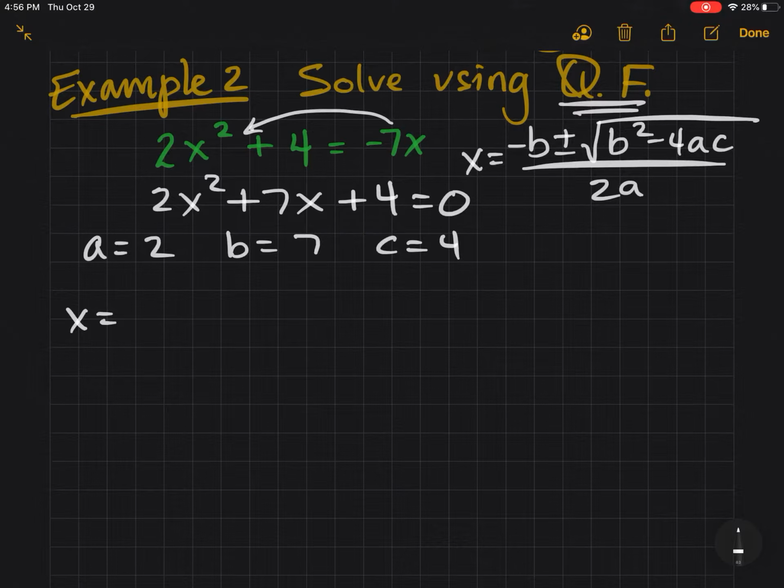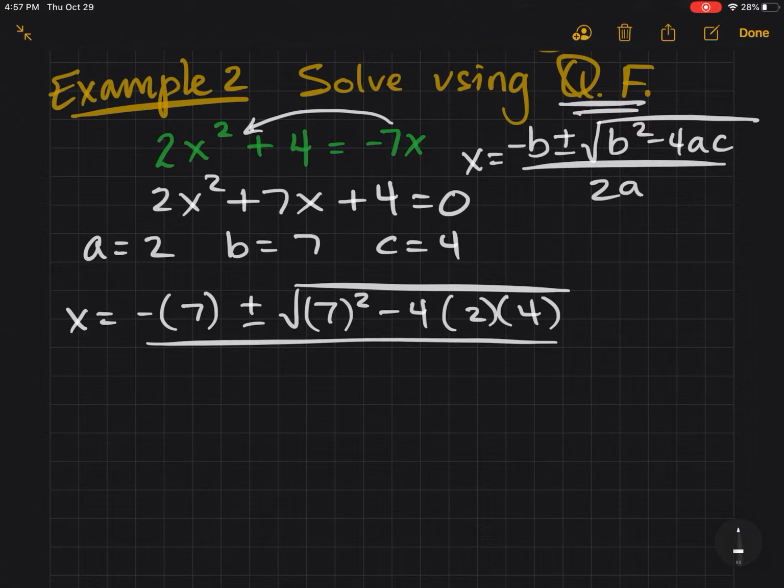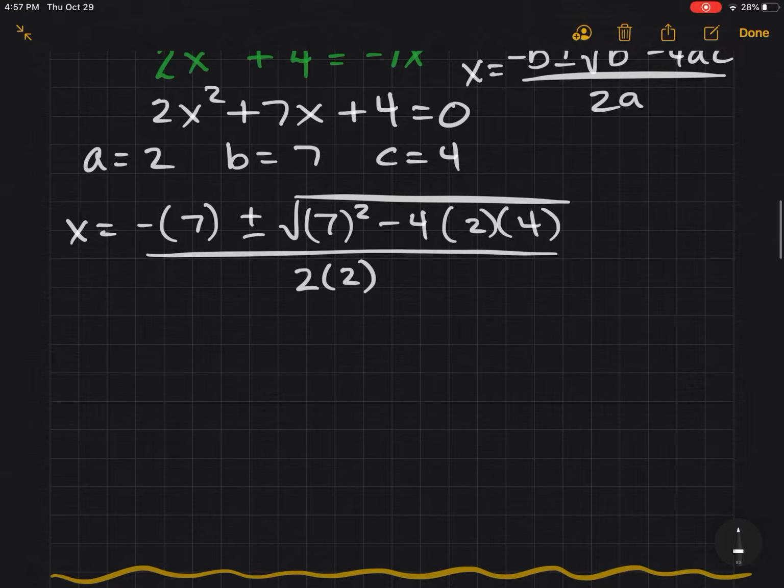So now I'm going to begin plugging everything in. Be careful with that 4ac. A lot of mistakes occur there.